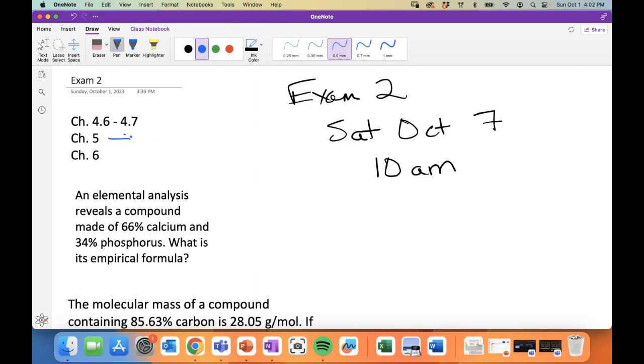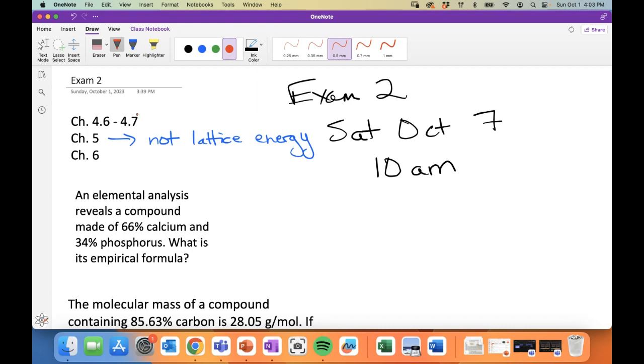For example, out of chapter 5, we don't do lattice energy. It's actually kind of cool. I really like lattice energy, but it got the chopping block. And chapter 6, I would have to go back because I don't remember the things we don't do out of chapter 6, because I've trimmed that one so many times I've forgotten what else is in there.